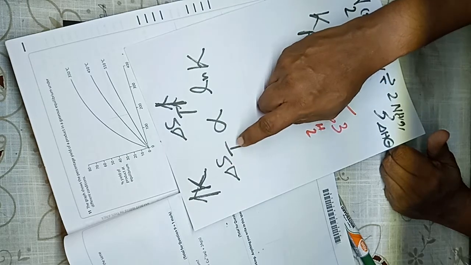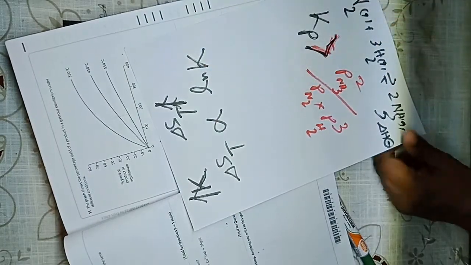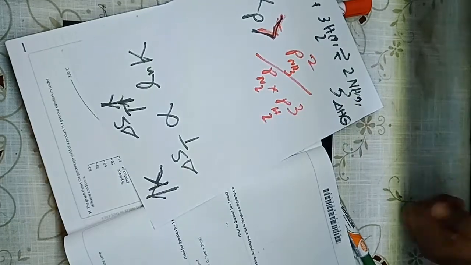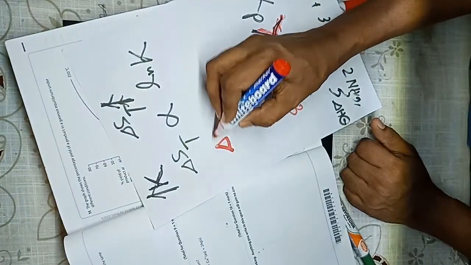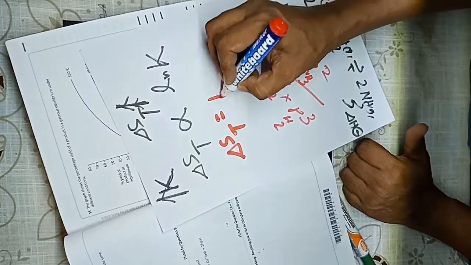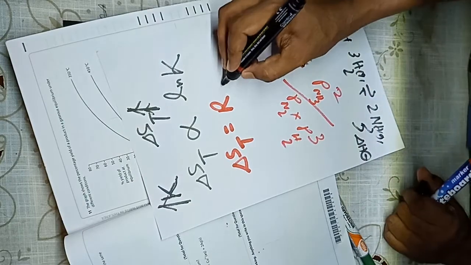Then the proportionality constant of this relationship is the universal gas constant. Then delta S total equals R ln K.